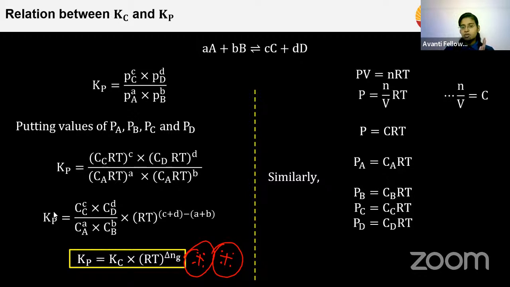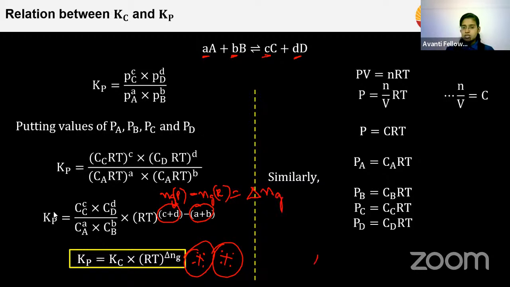That's what I told you, no? How delta Ng came, Mahalakshmi. It is the number of moles. Small a, small b, small c and small d are the number of moles. So this is the number of moles of product and this is the number of moles of the reactant. Number of moles of the gaseous product minus number of moles of the gaseous reactant. So this is equal to the change in the number of moles of the gaseous substances.